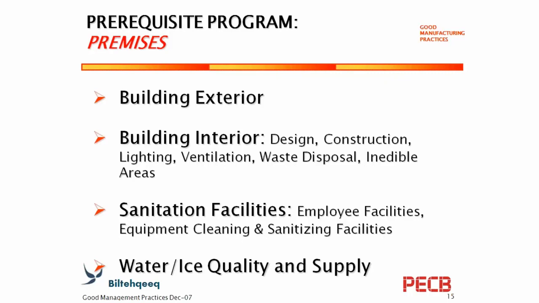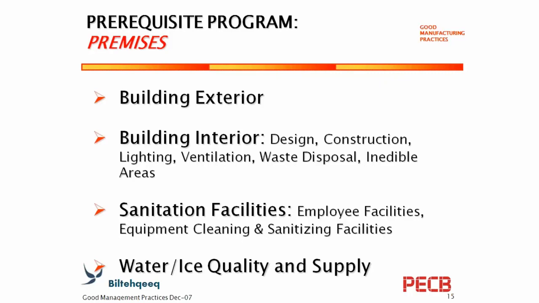The color you are selecting, the design, the material of the construction, the lighting, the ventilation arrangement, the waste disposal arrangement, they should all comply with the requirement of the food industry.